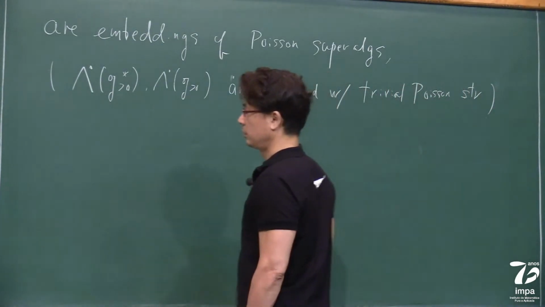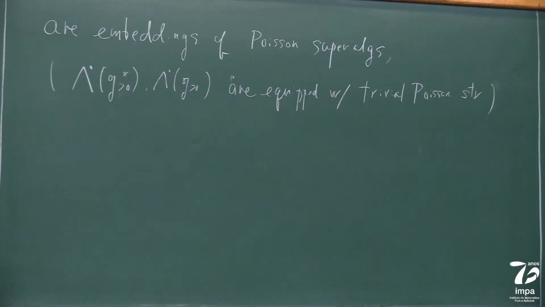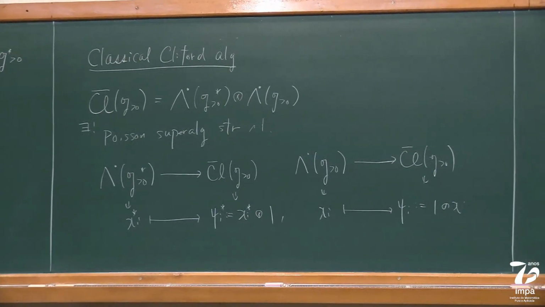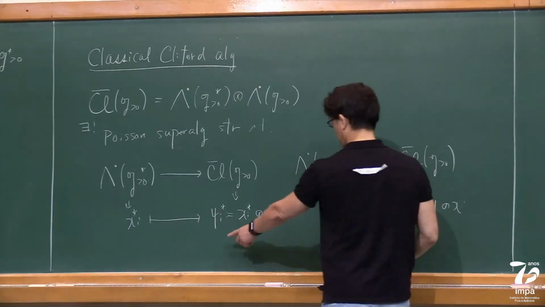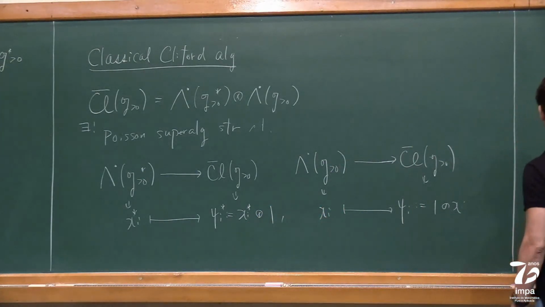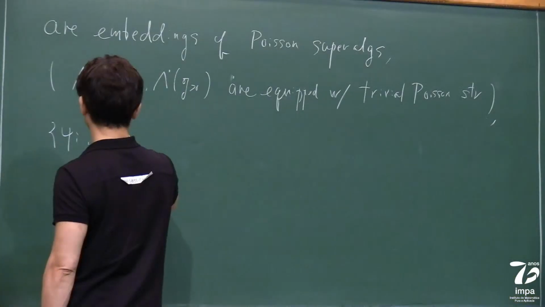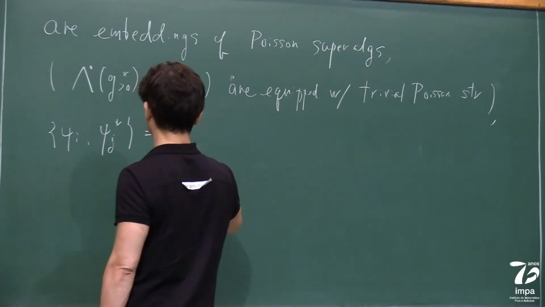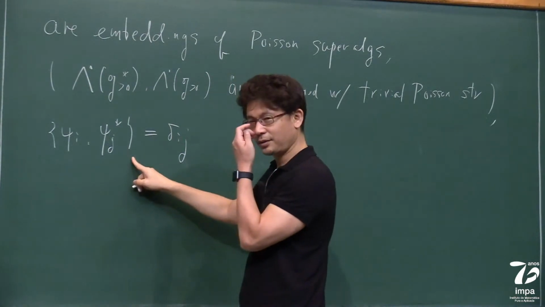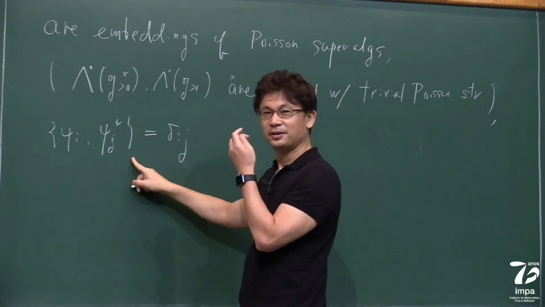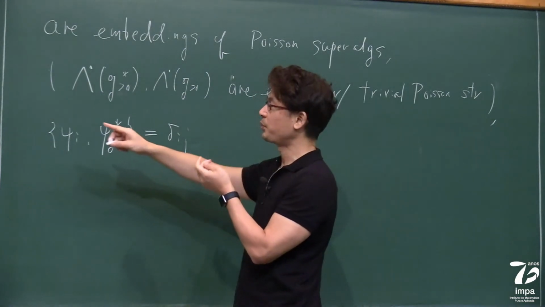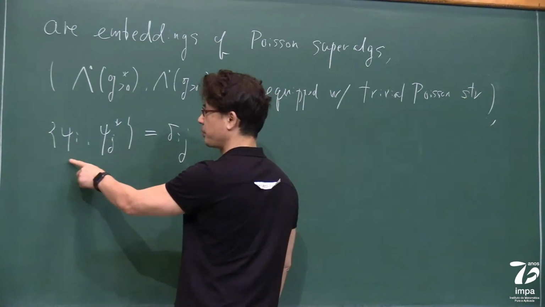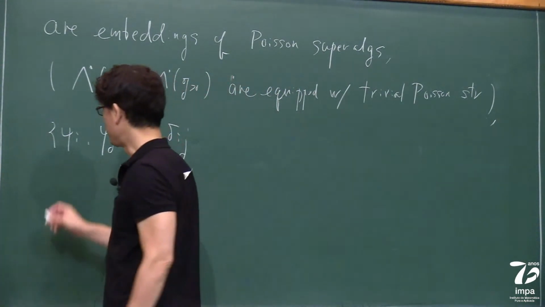So the Poisson bracket between these and between these is just zero. And I just have to specify the Poisson bracket between these generators. And this I specify as delta_ij. So this is a super bracket. So a super Poisson algebra means it's a Lie superalgebra with respect to this bracket. And this is the odd generator.